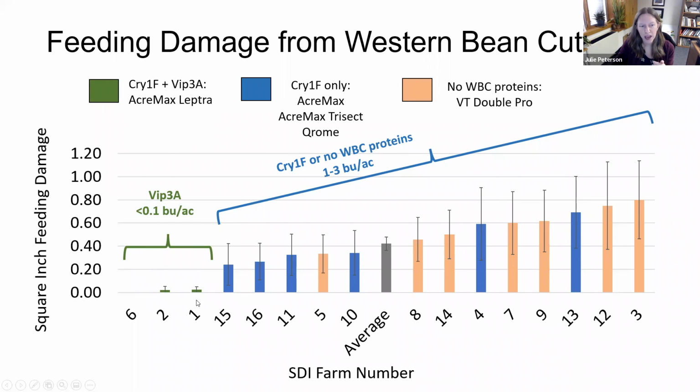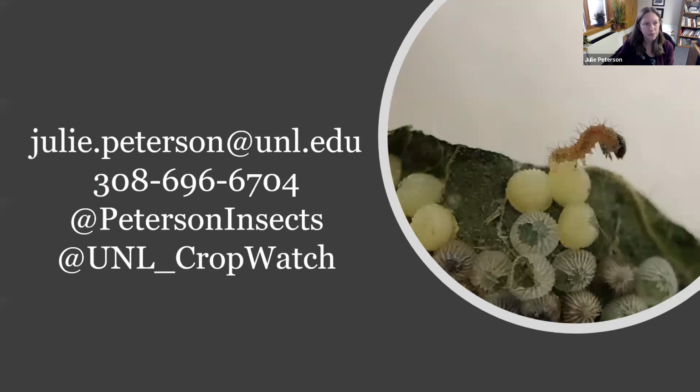But the VIP3A should continue to have really good suppression, really good control. So here in North Platte, where we do tend to get pretty reliable Western bean cutworm pressure, I do recommend looking at those trait packages that include VIP3A, because you are going to get good protection from Western bean cutworm.